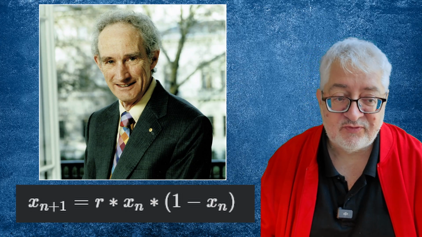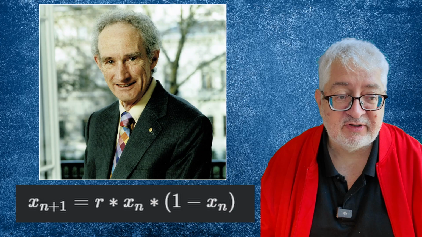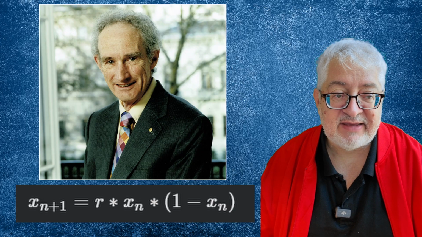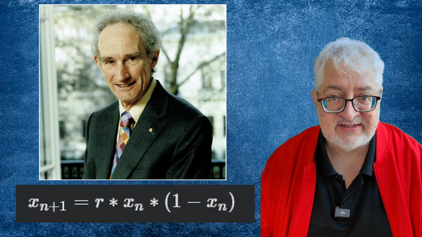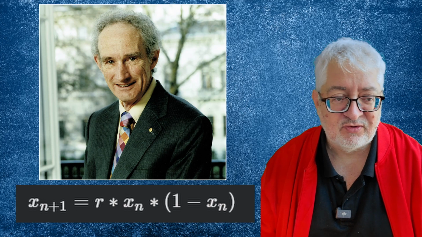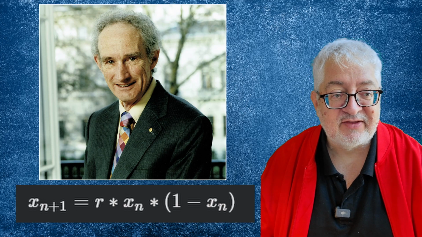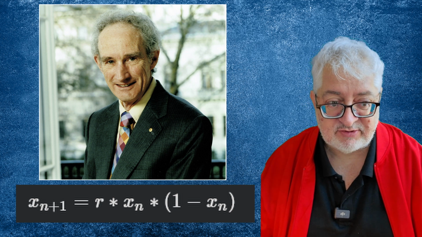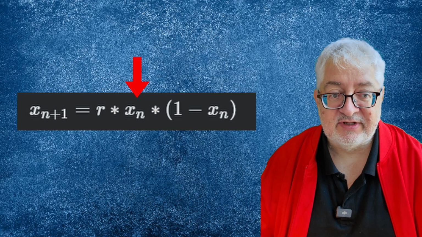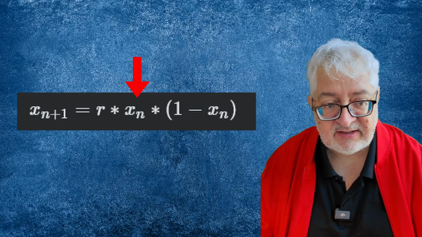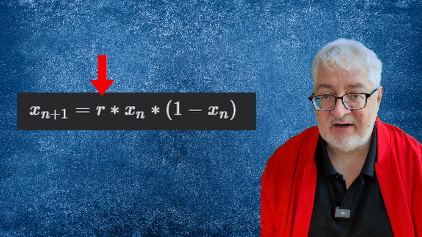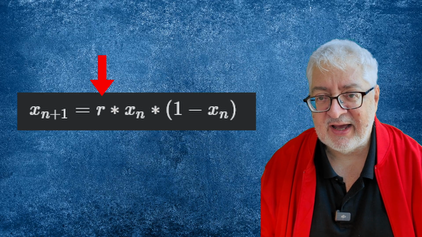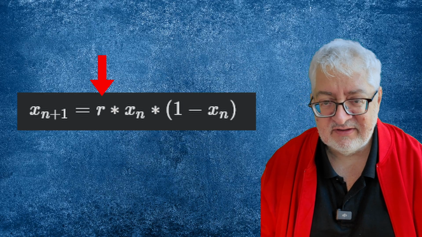And what he did was first to make this formula. So let's briefly talk about how this formula works. You have x at the time n plus 1. So you divide time in discrete time steps. Let's say you look every day. And at day plus 1, you have a situation that is described by x at time n, so the previous day, multiplied by r, where r is some kind of reproduction rate that is normalized over this whole population.